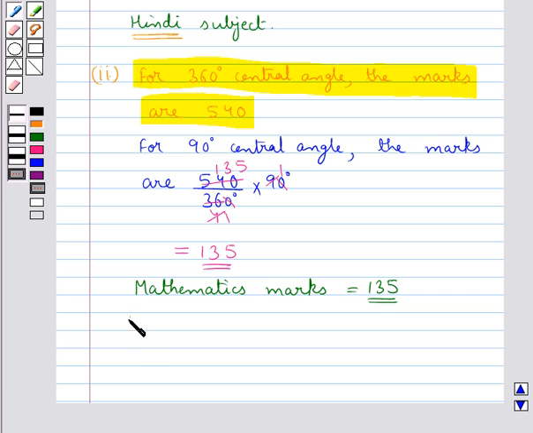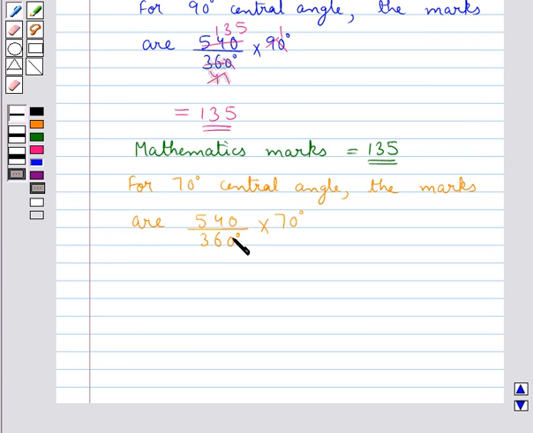Thus we say that for 70 degrees central angle, the marks are 540 upon 360 degrees multiplied by 70 degrees. This 0 is cancelled with this 0.